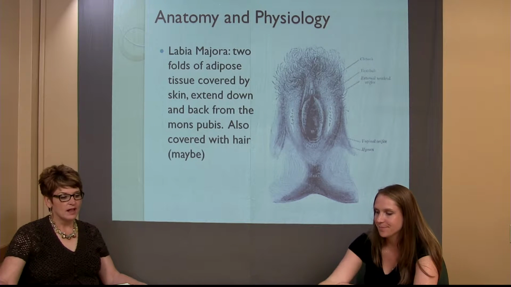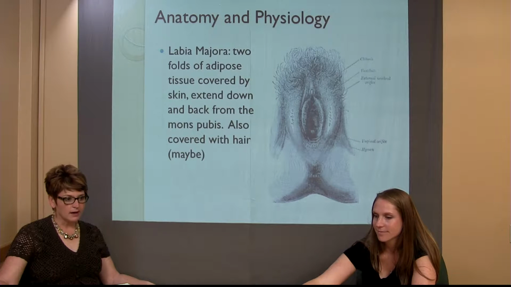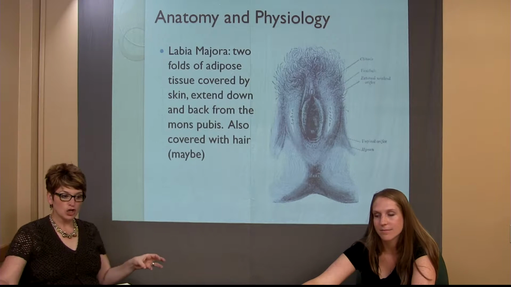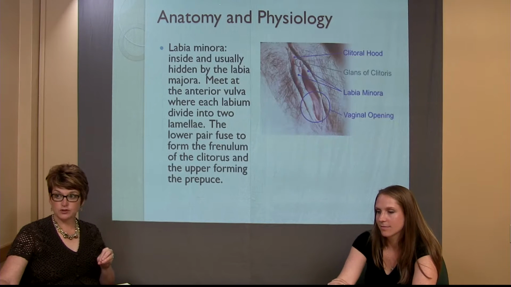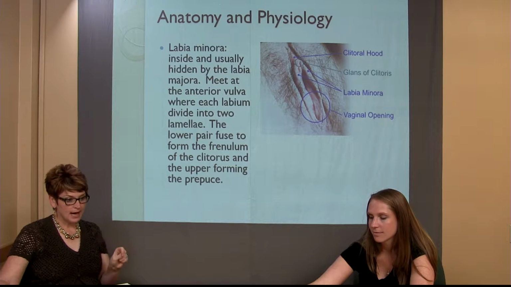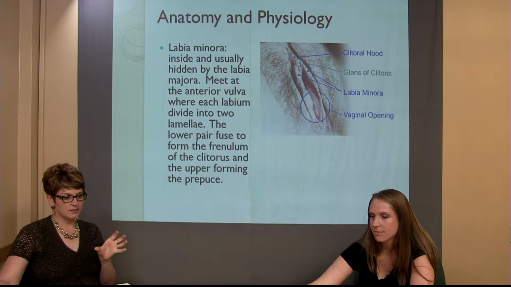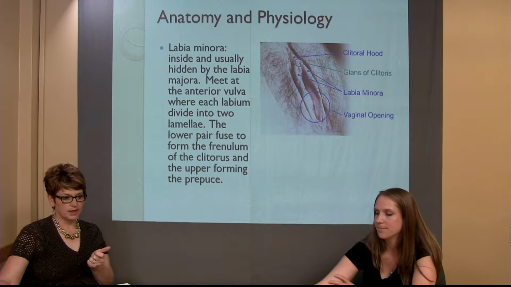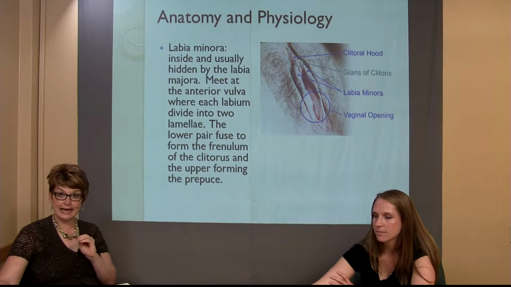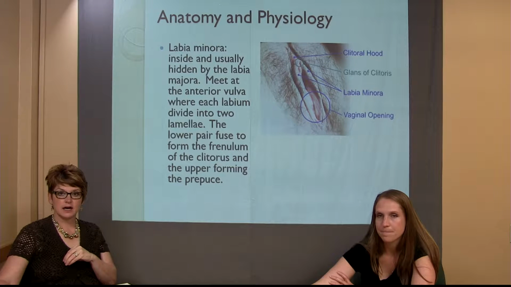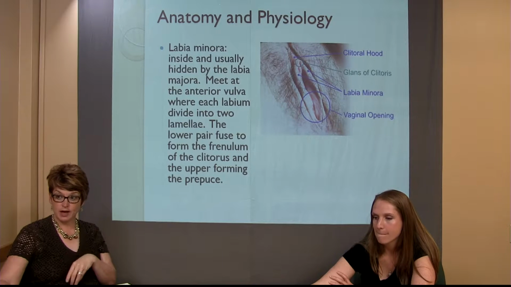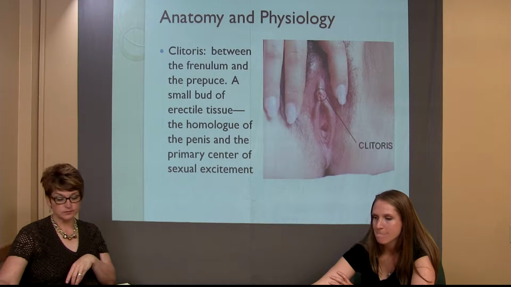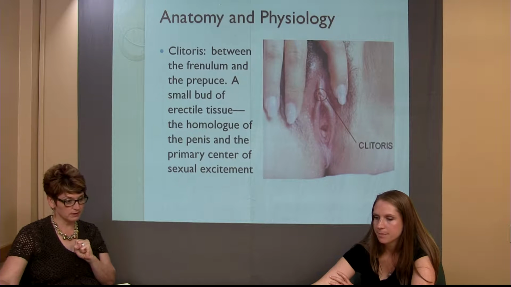Yeah. Exactly. So the labia majora are those large, some people call them lips of the vaginal vault, and then the labia minora are on the inside of the majora. You can also see in this image the clitoral hood and the glans of the clitoris. That's the female equivalent to the head of the male penis. And so there's another picture of the clitoris.